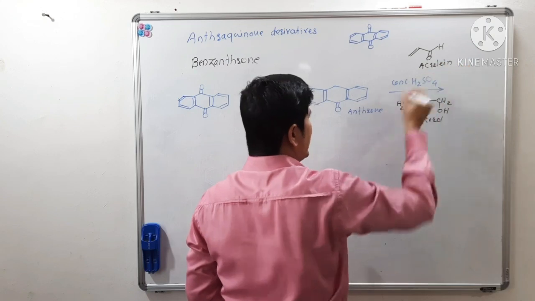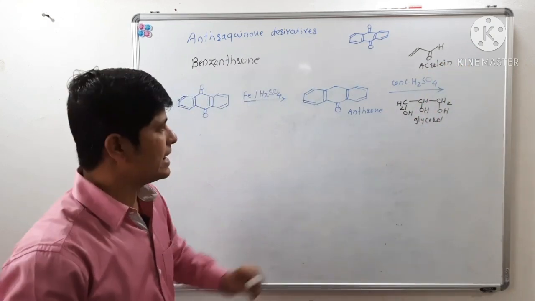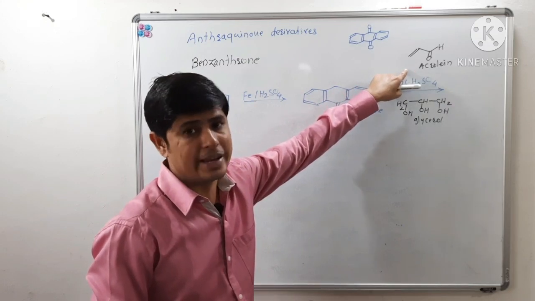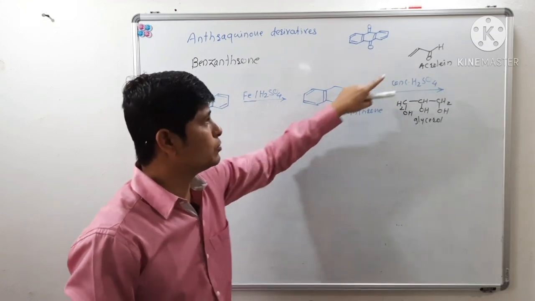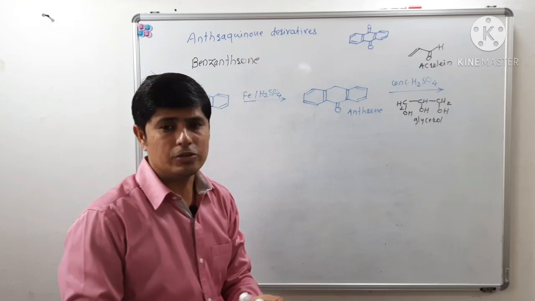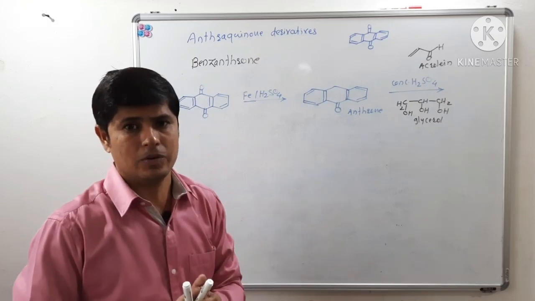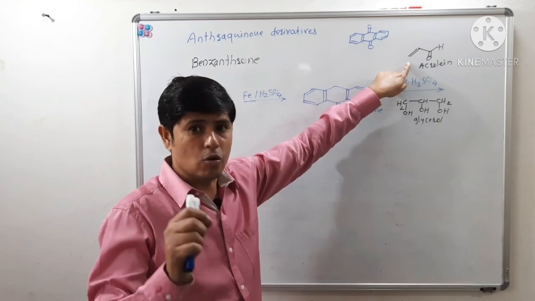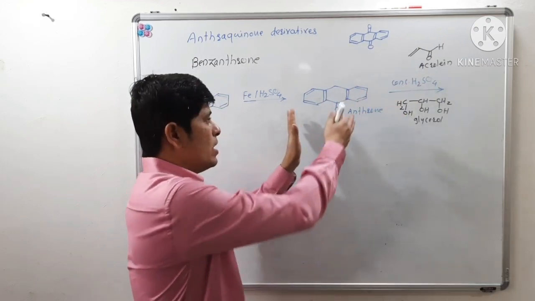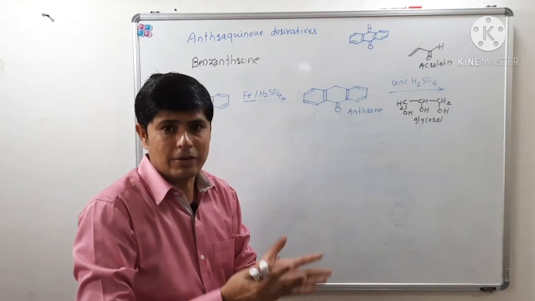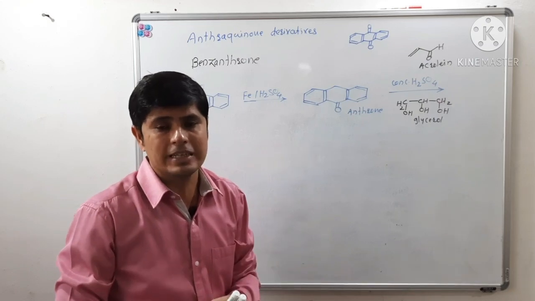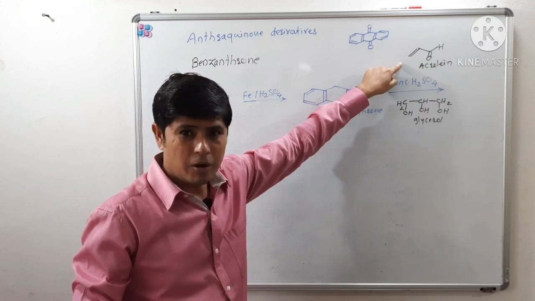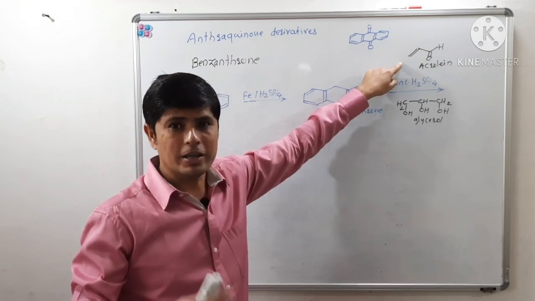So there will be a reaction of anthrone with acrolein. We are not using acrolein directly, we are preparing this acrolein during the course of reaction, because acrolein has a tendency to polymerize.